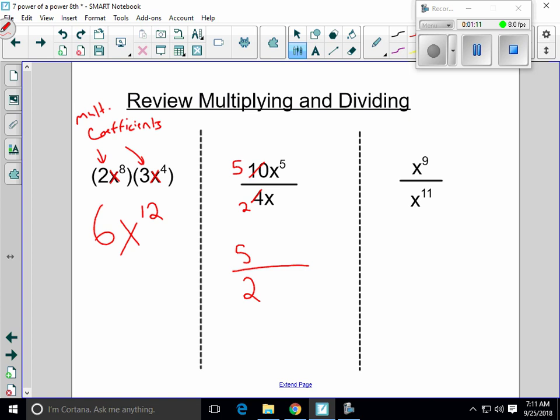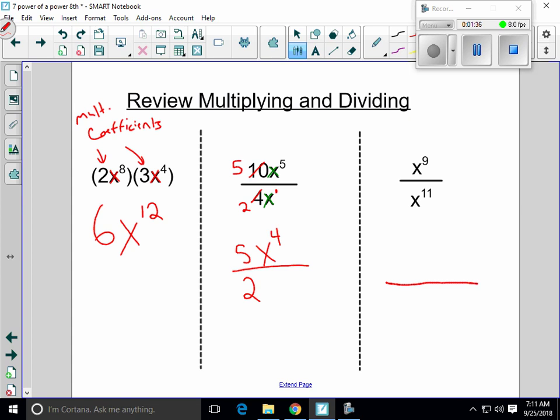Now with like bases, here I have x to the fifth and x to the first. I'm going to subtract my exponents, but I have to decide if it goes in the numerator or denominator. There are more x's in the numerator. So 5 minus 1 is 4. The x's are going to stay in the numerator.